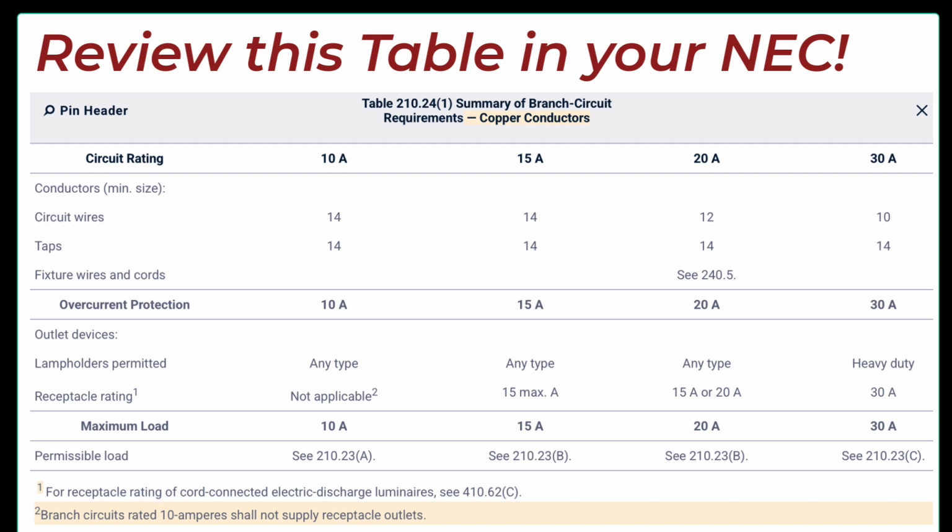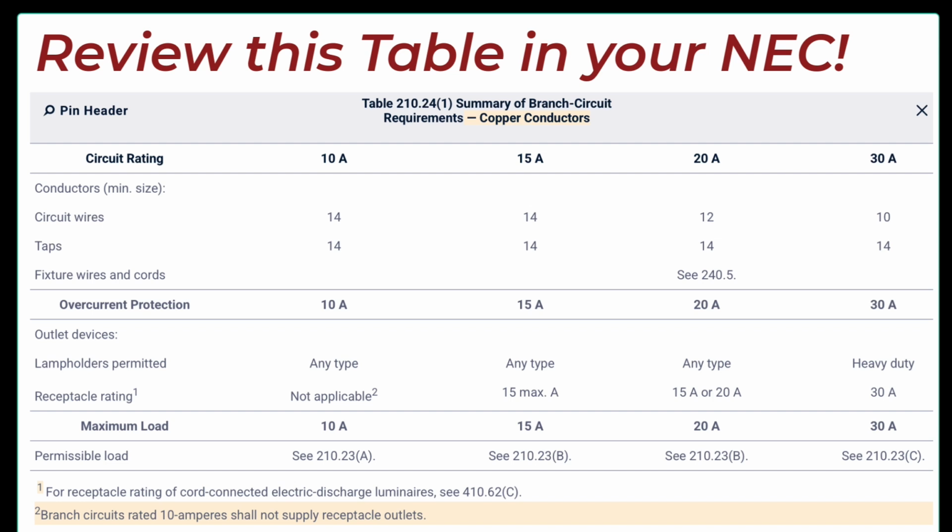Any taps I take off of that, 14 AWG. Overcurrent protection, we know that's 10 amps because it's a 10 amp branch circuit. Outlet devices, lamp holders permitted, any type. Receptacle rating, not applicable. I'm not going to put a receptacle on a 10 amp branch circuit. Maximum load, 10 amps.